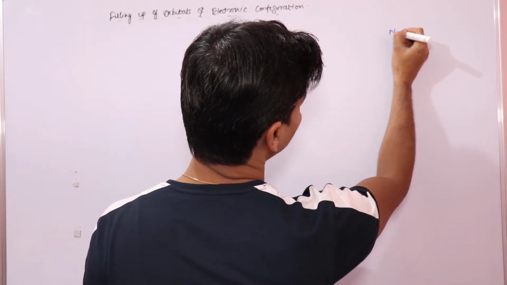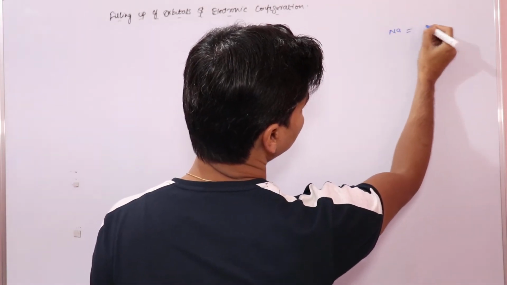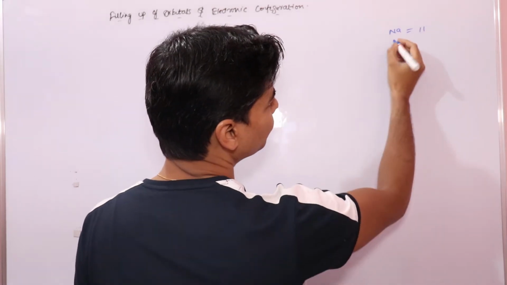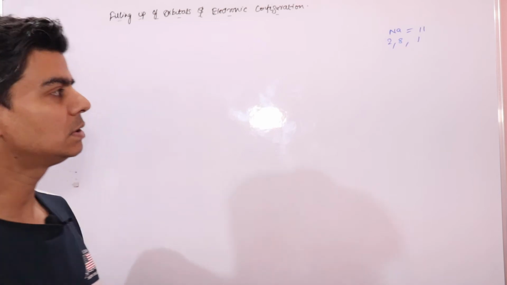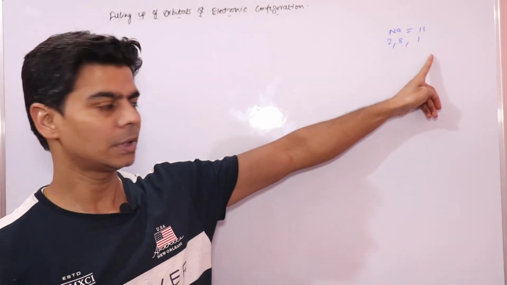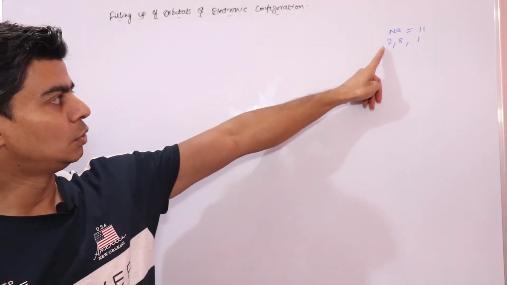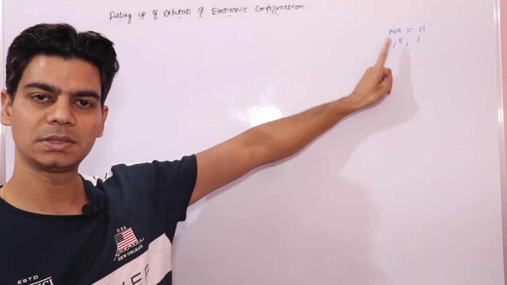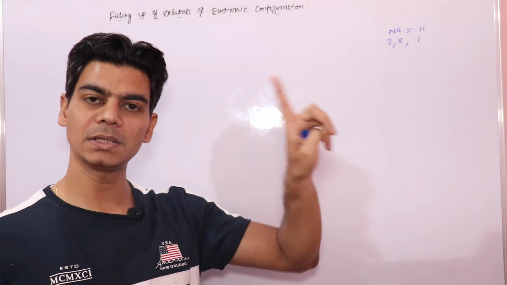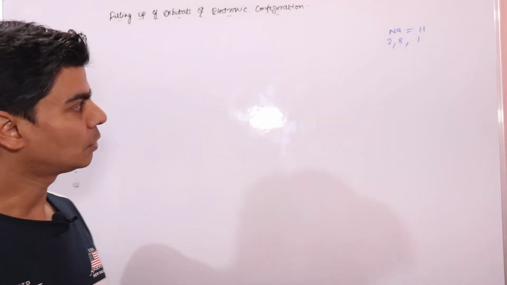If you have a sodium atom, whose atomic number is 11, we used to write the electronic configuration of sodium as 2, 8, 1. This represents the distribution of electrons in various orbits around the nucleus.